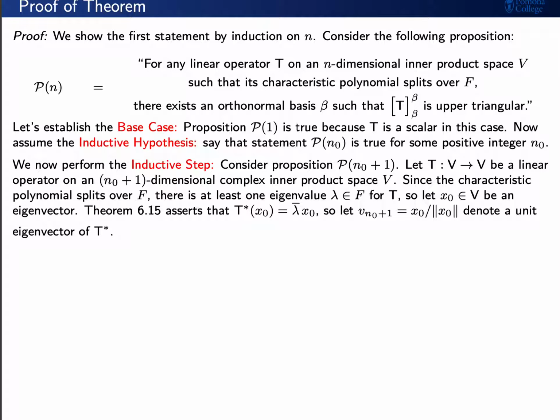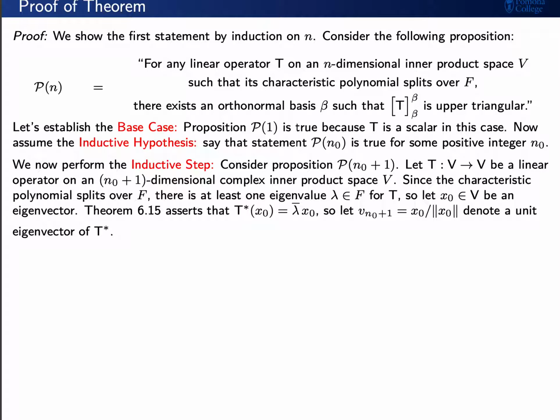Since the characteristic polynomial splits over F as assumed, there must be at least one eigenvalue lambda for our transformation T. So let's denote x0 as an eigenvector. We know that T star of x0 is lambda conjugate of x0, so we will denote v sub n0 plus 1 not just as the eigenvector of T star, but as the normalized eigenvector.